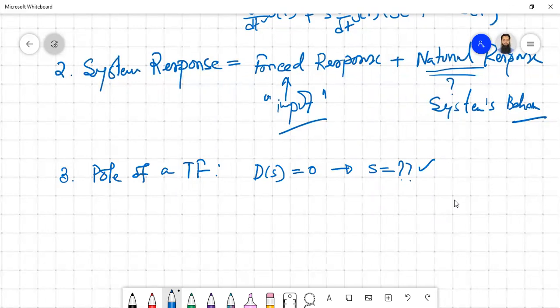Or, for the strict definition, the value of the Laplace transformation variable s that causes the transfer function to become infinity.